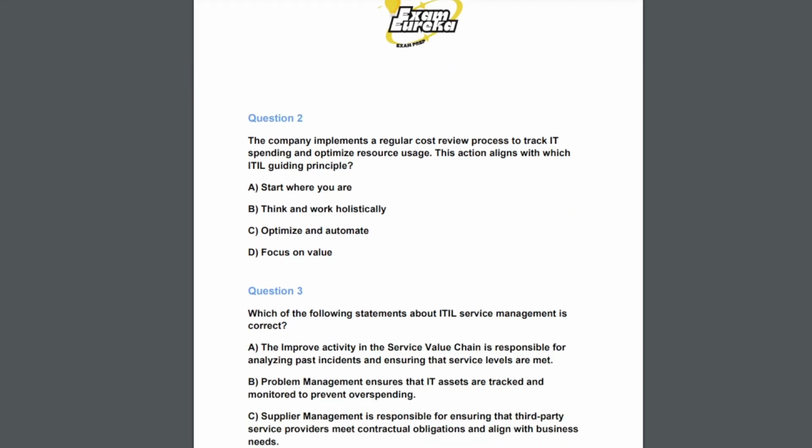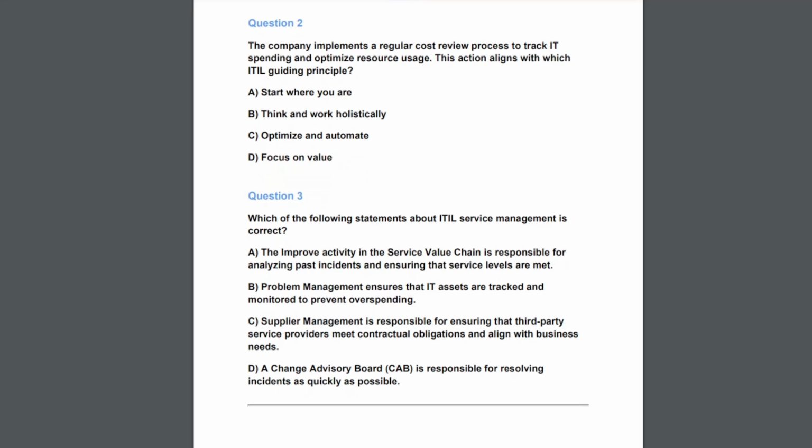Question 3. Which of the following statements about ITIL service management is correct? Is it A, the improve activity in the service value chain is responsible for analyzing past incidents and ensuring that service levels are met? Is it B, problem management ensures that IT assets are tracked and monitored to prevent overspending?